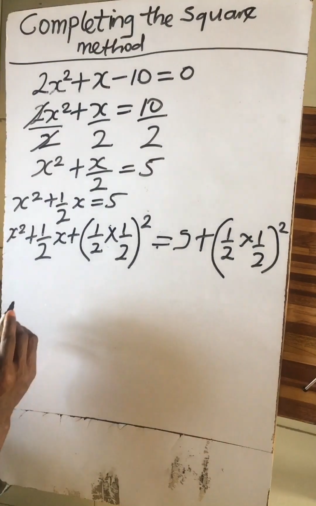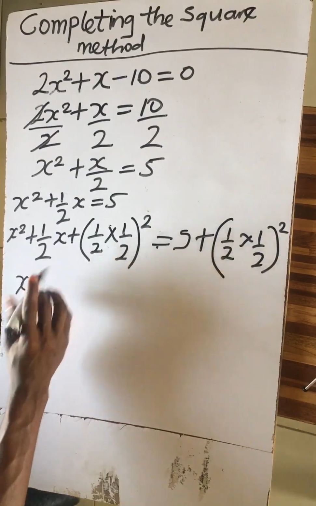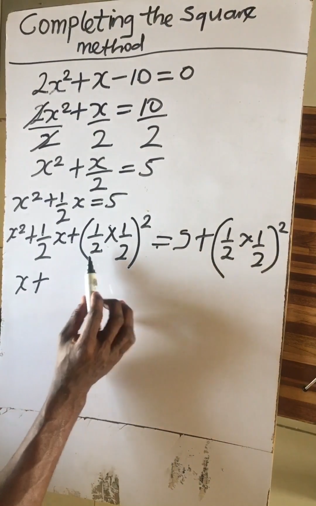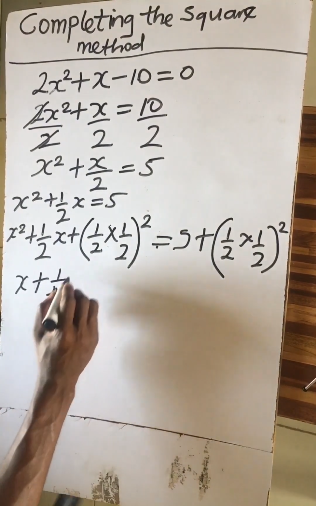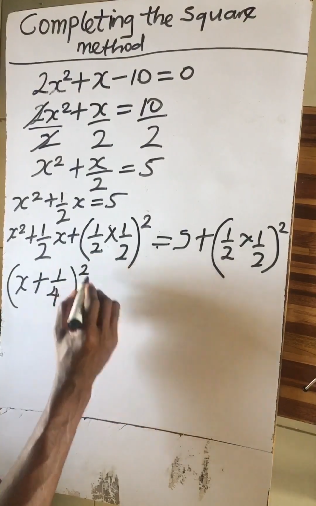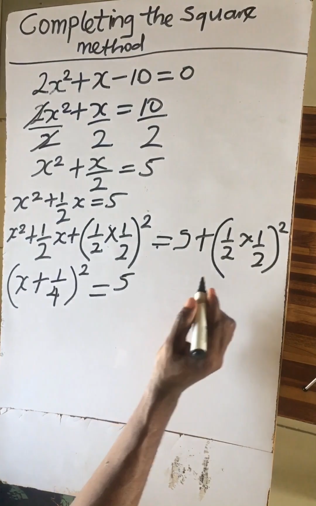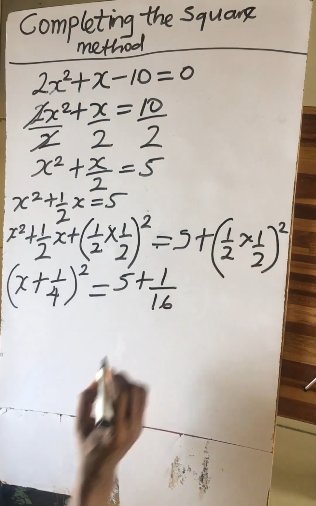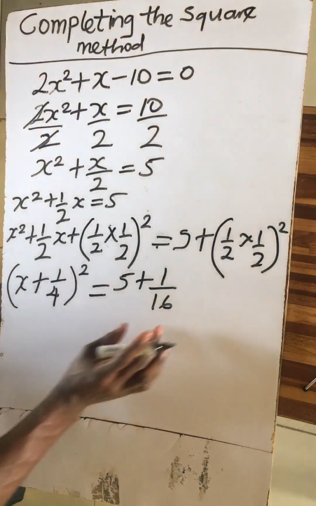Then we have x squared. We have our x to be x plus, when we multiply this one we have 1, when we multiply this one we have 4. Then we have 1 all over 4, bracket squared, equal to 5 plus 1 all over 16. So our next step is to add.